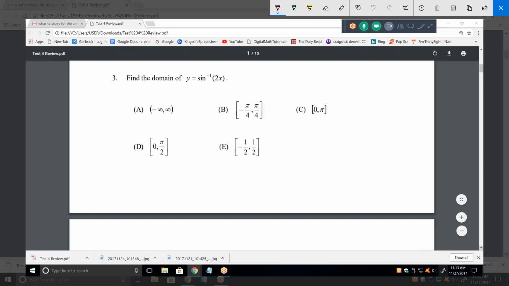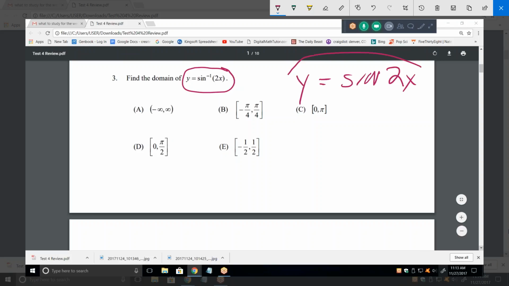Okay. So, how do I answer that? What's the first logical step? What's the range of sine? Correct. Inverse sine 2x. Not the inverse sine, the sine. What is the range of that?